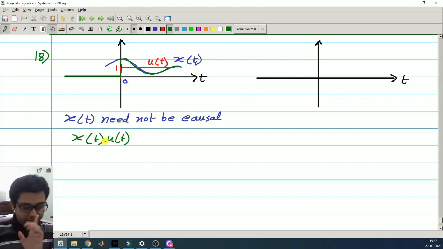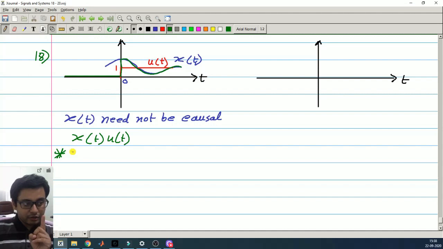Now a very important fact: when we are multiplying x(t) with u(t), we are erasing the portion of x before time 0 and retaining the portion starting from time 0. Importantly, we are retaining the portion of x starting from time 0, that means including time 0.